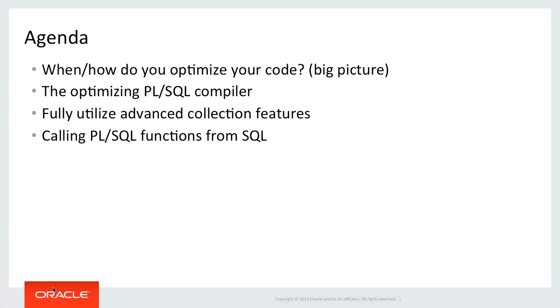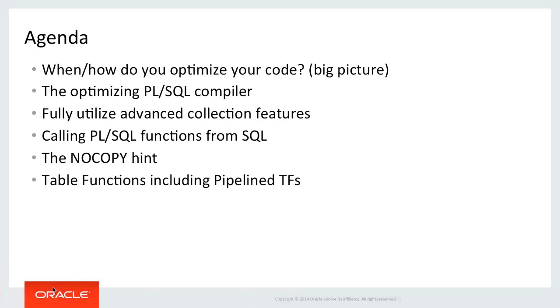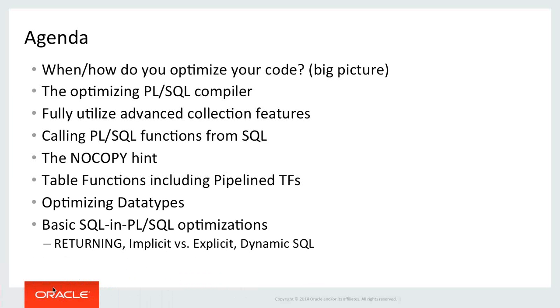Take a look at calling PL SQL functions from SQL. The NOCOPY hint, table functions, including pipeline table functions, optimizing data types, and basic SQL and PL SQL optimizations. That is a lot. In fact, it's way too much for 1 hour. So like I say, I'm going to cover it at a pretty high level, and then you can dive in from there afterwards through my books, through online resources, and my scripts.